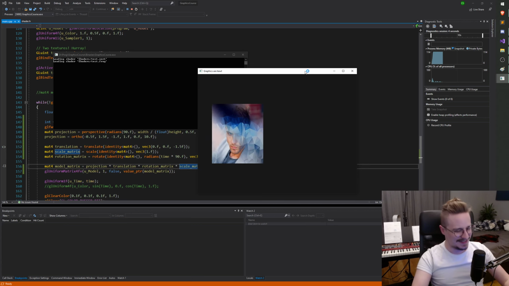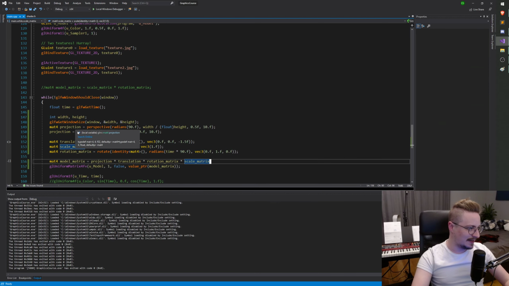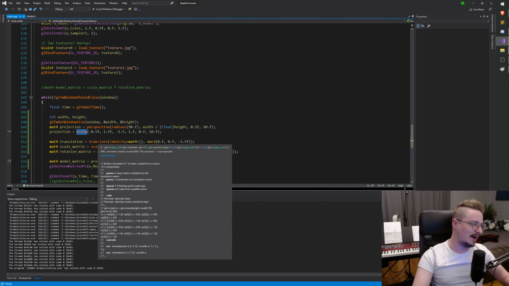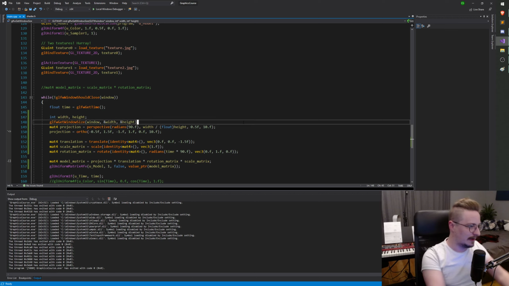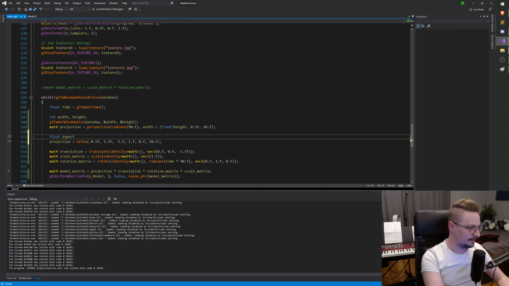And the other nice thing about having an orthographic projection matrix is that we can also define our window's aspect ratio. So if I just save aspect here, we can just multiply the sides by the aspect ratio. Let's do this.